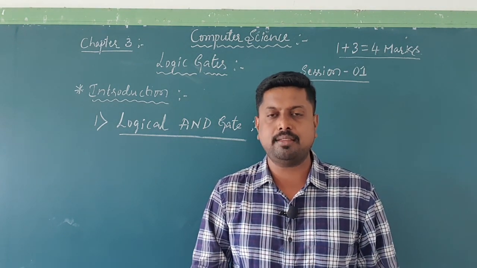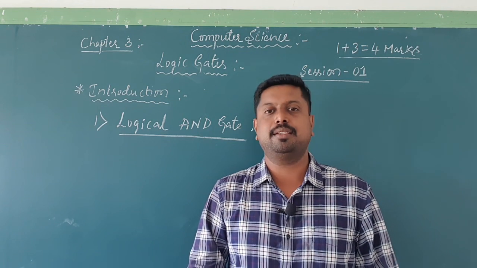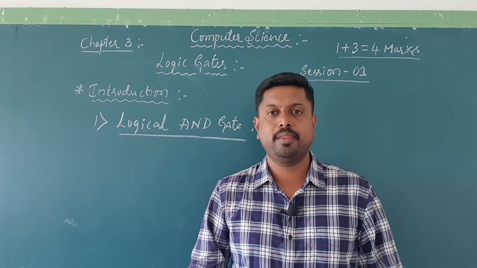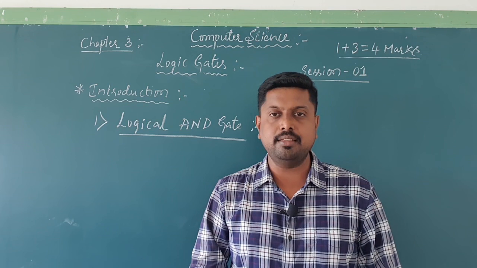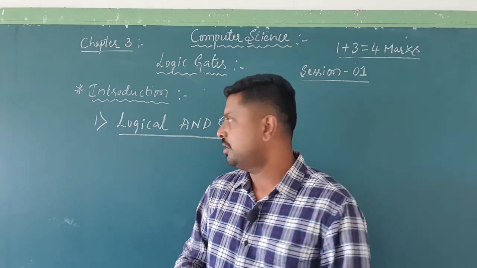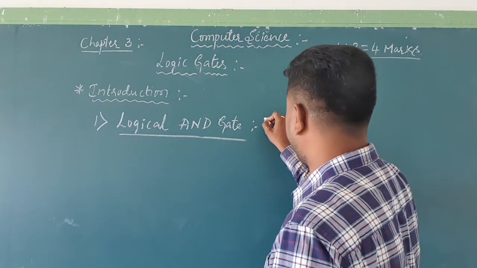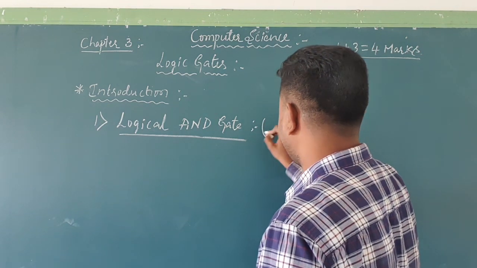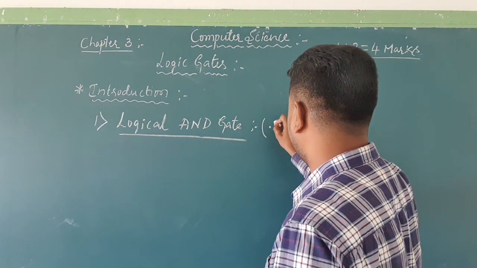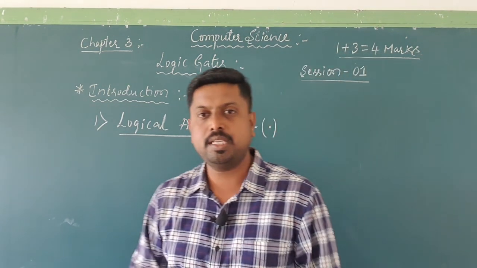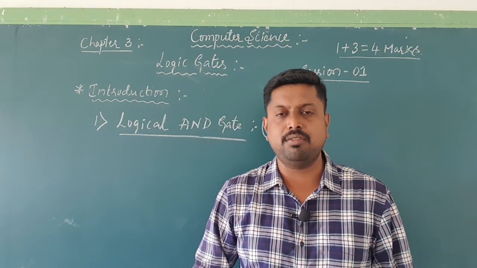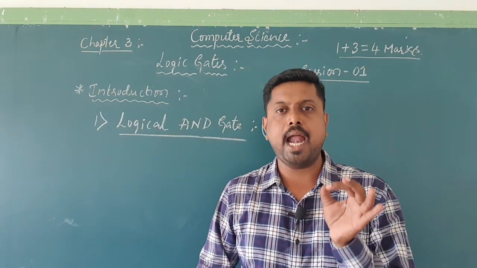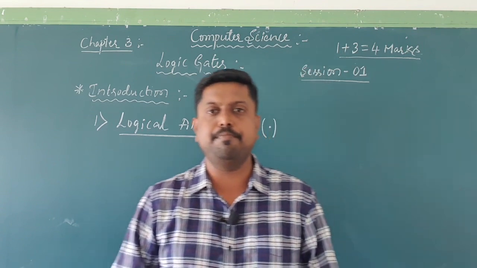Its operation is multiplication, which is represented with a dot. This is what we call the logical AND gate. Then we have its symbolic representation.